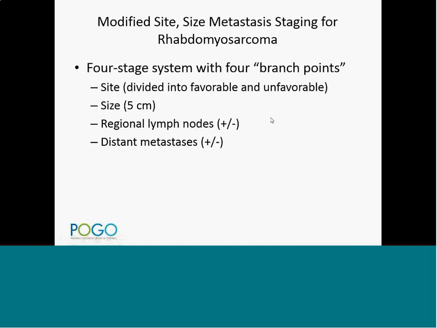I don't use it very often, but just to summarize its main features, it's a 4-stage system like the first system I described, and the decision points are the site, again divided into favourable and unfavourable sites, the tumour size, 5 centimetres being the cutoff, whether there's regional lymph node involvement, and whether there's distant metastases.